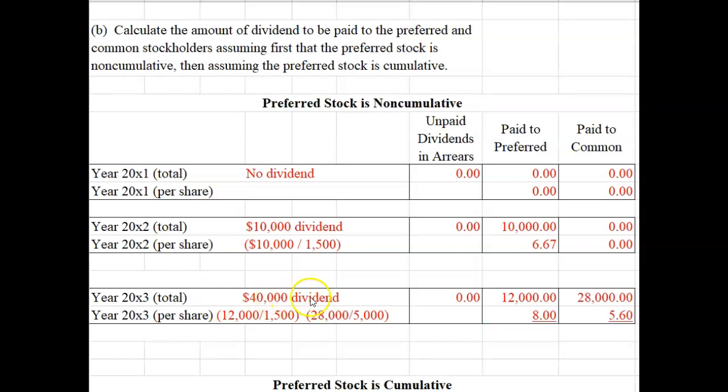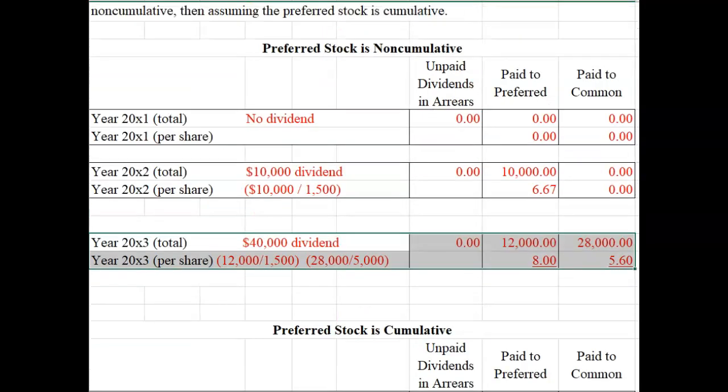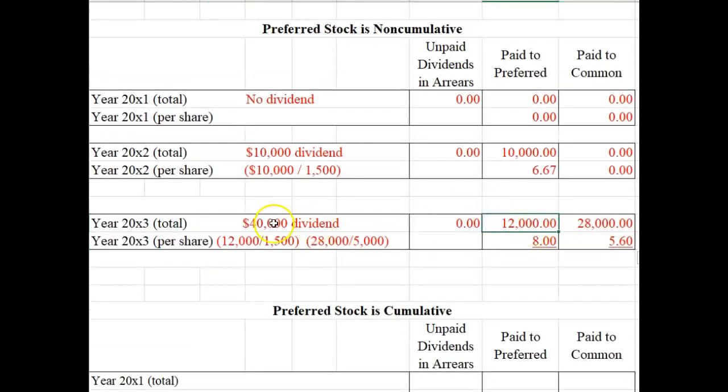So $40,000 of dividends was paid in 20X3. The commitment to the preferred shareholders was they get the first $12,000 of any dividends that are declared and paid. So they get $12,000 of the $40,000, and the $28,000 remaining needs to be paid to the common shareholders.